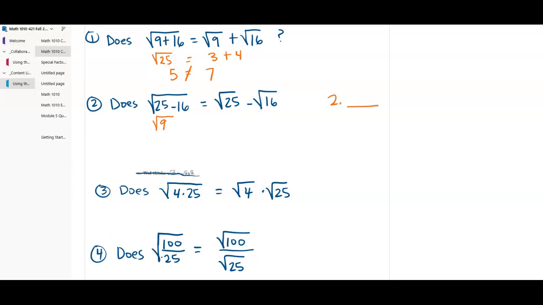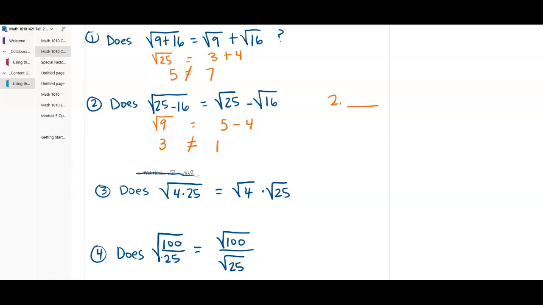And then I took the square root of 9, and it gave me 3. And then I did individually the square root of 25 minus the square root of 16, which was 5 and 4, and it gave me 1. So it wasn't the same. Right. Is that what everybody did?